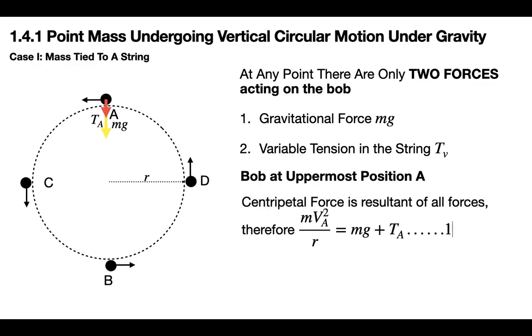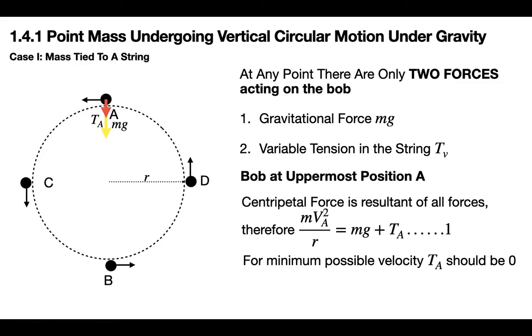So centripetal force is the resultant of all forces. Therefore, we can say m Va square by r is nothing but the resultant of all real forces, which is mg plus Ta. So for minimum possible velocity, Ta should be 0, because if Ta increases, the velocity will increase.